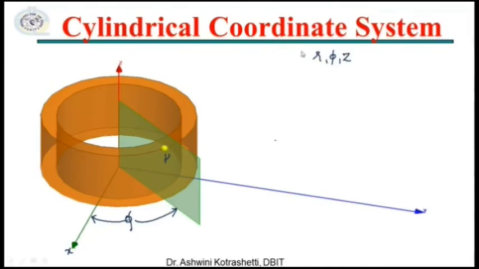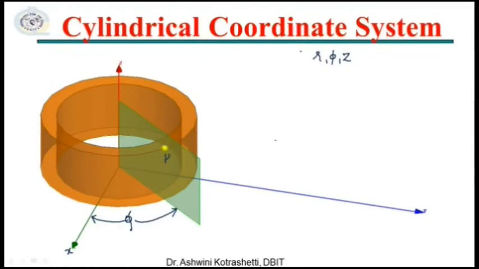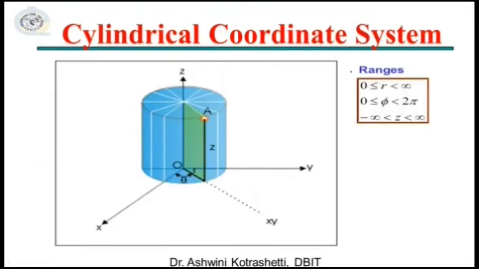So now that we have all our three parameters, let's define our point P. The point P needs the radius, the phi angle, and the z to be defined. Now let us look at the range of all these three. The radius can extend from 0 and its limit is infinity.